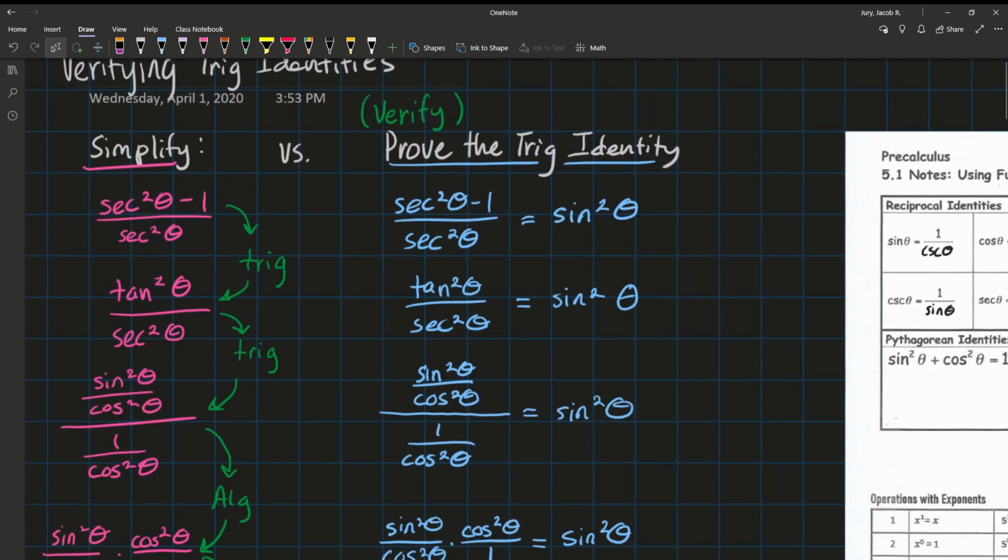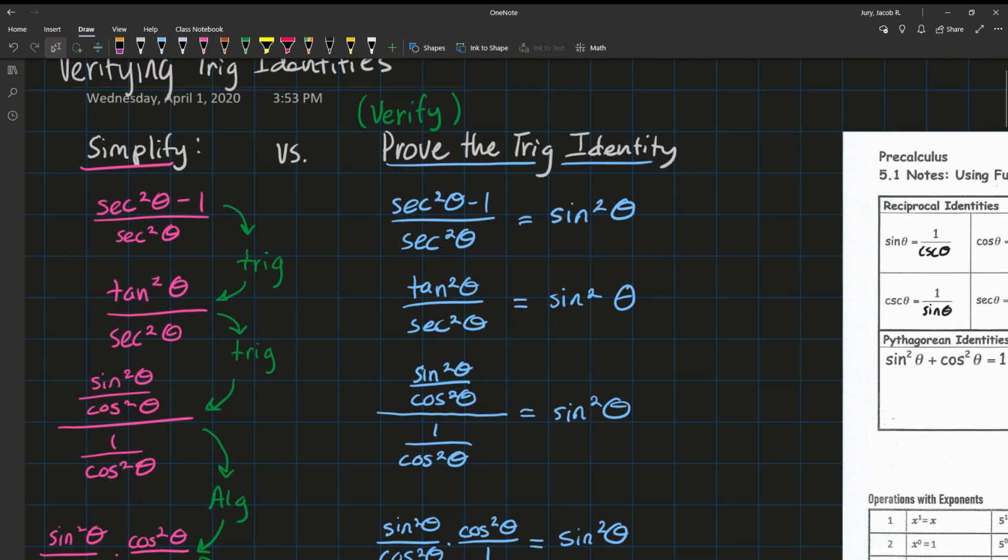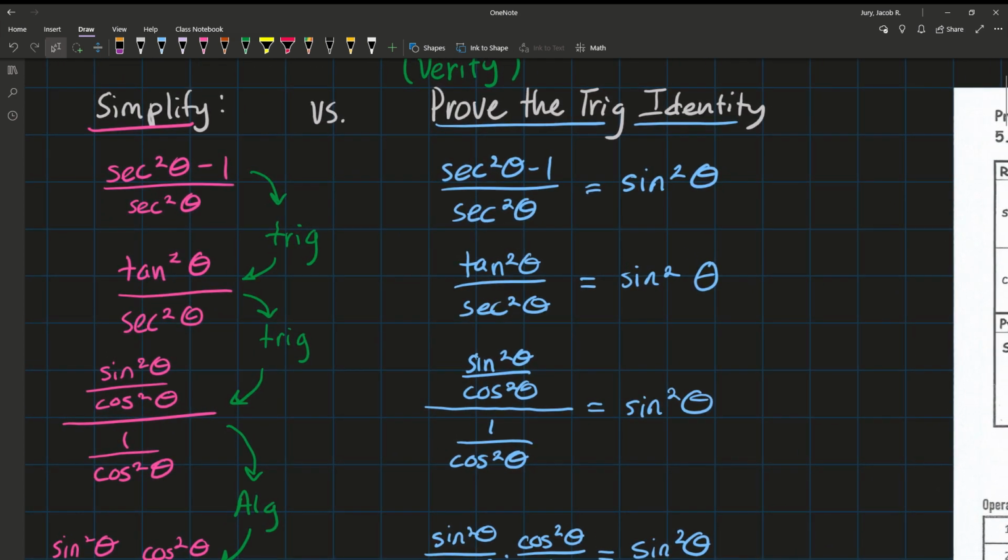So what you see here is something that you've done before, this pink simplify instruction, and then on the right you have the prove the trig identity. Now the pink simplify the trig expression, if we look a little bit closer, is what we've been doing before. We were using a trig identity, secant squared theta minus 1, and turning that into tangent squared theta minus 1.